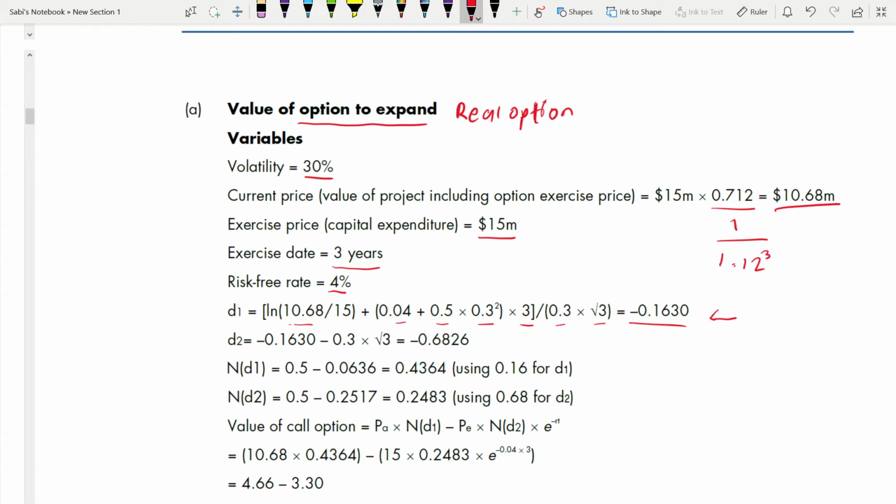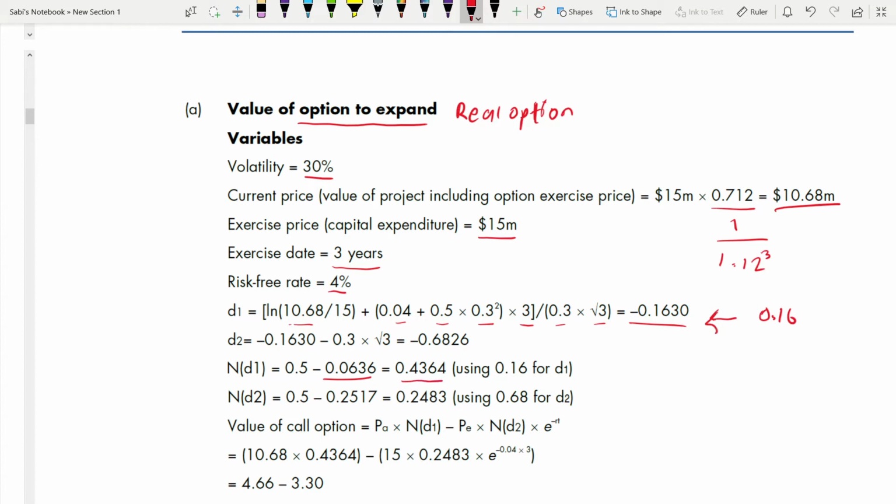I have told you that whenever you have to find value for ND1, you have to find for 2 decimal places because the table itself allows only 2 decimal places. You cannot find for 3 decimal places. So round up to 0.16. You have to find the value for this, and the value for this from the table is here. This one. That's why 0.5 minus that value. So this is the table for ND1.